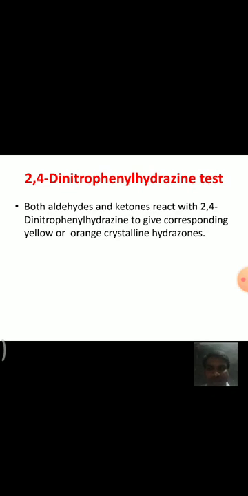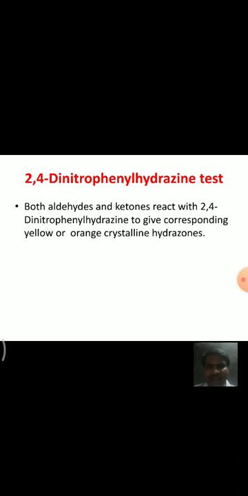See here, such compounds which contain carbonyl group react with 2,4 dinitrophenylhydrazine to give the corresponding yellow or orange crystalline hydrazones. Already we have discussed in the chemical properties that aldehydes and ketones react with phenylhydrazine and form a phenylhydrazone derivative, as well as they react with hydrazine and form hydrazone derivative.